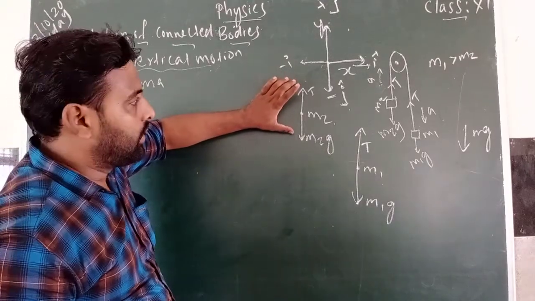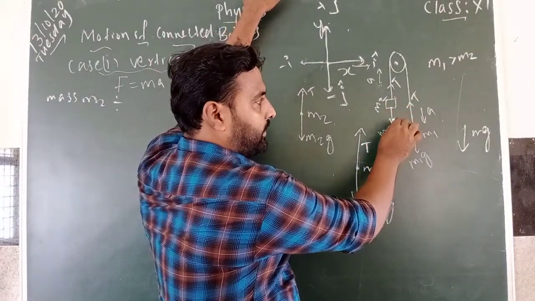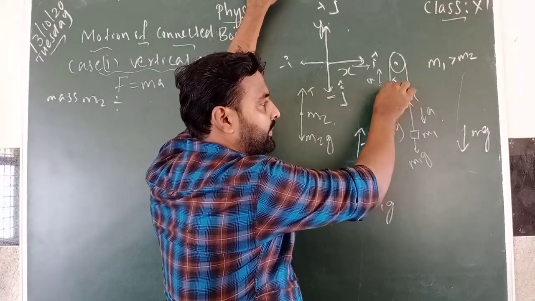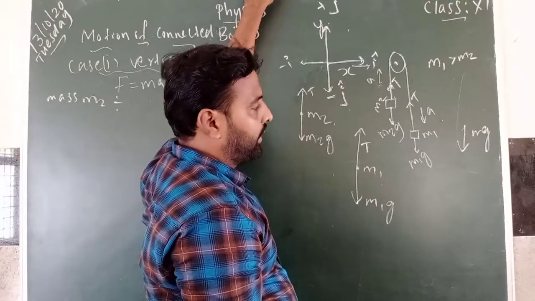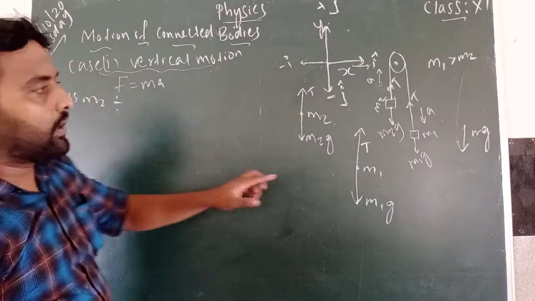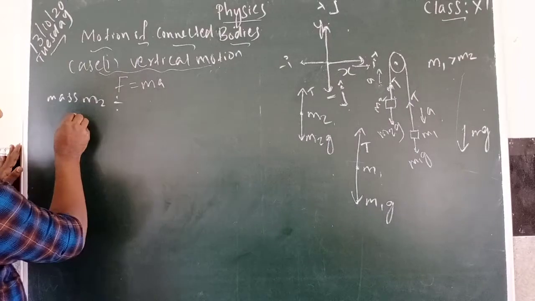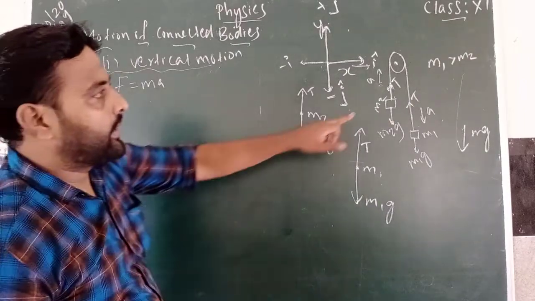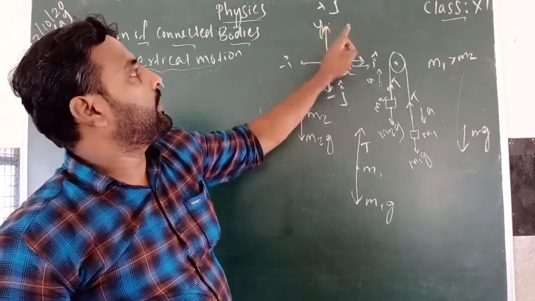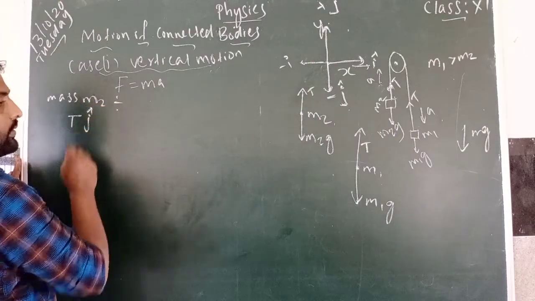Gravitational force is downward, and tension is acting upward. Our formula is F equals ma. What are the total forces acting? Gravitational force and tension force. So T acts upward. In what direction? Unit vector j. So T j.